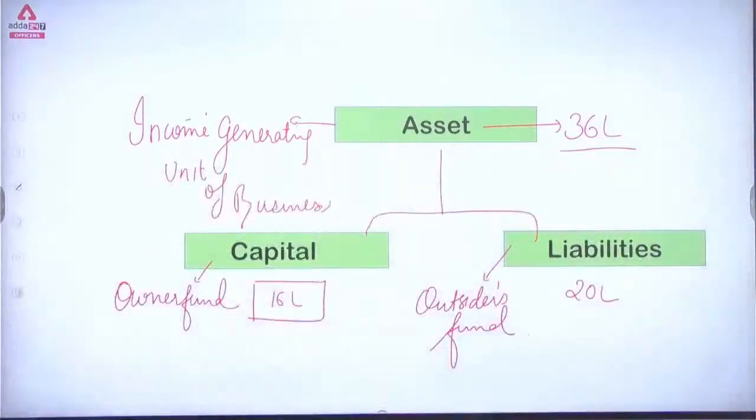That is the source of fund. Yes or no? Liability is the obligation that we are supposed to pay back. Once you pay back, then you will have a complete hold on your asset. Is it clear?